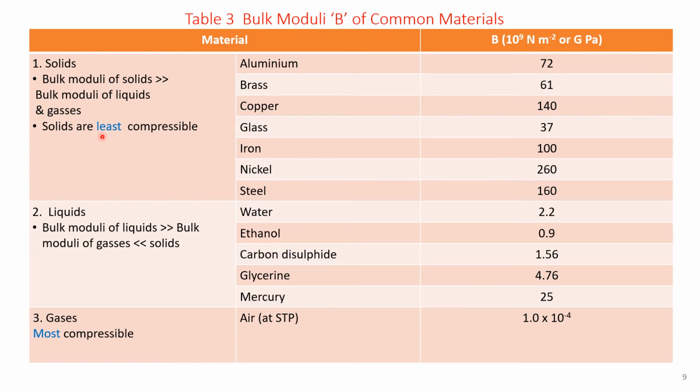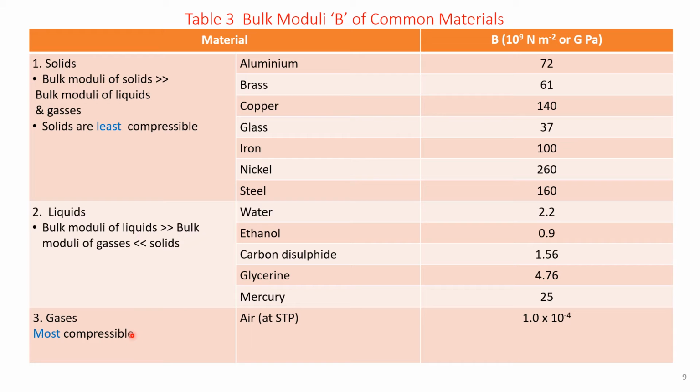Solids are least compressible. So please compare the materials aluminum, brass, copper, glass, iron, nickel and steel and their bulk moduli. The bulk moduli of liquids are far greater than the bulk moduli of gases, that is, less than solids.